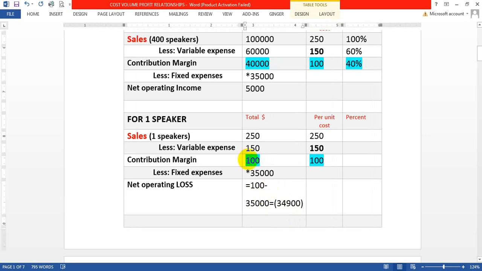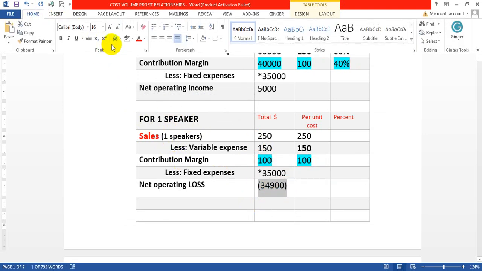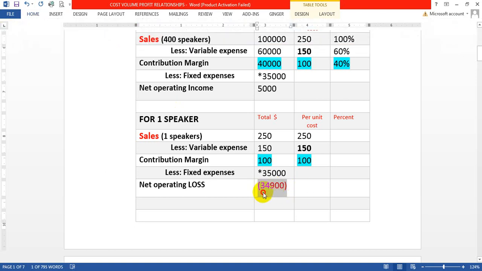Subtract and see: 100 minus 35,000 equals 34,900. This is our loss. If the manufacturing concern manufactures one unit, it means they are getting a loss of 34,900, right?